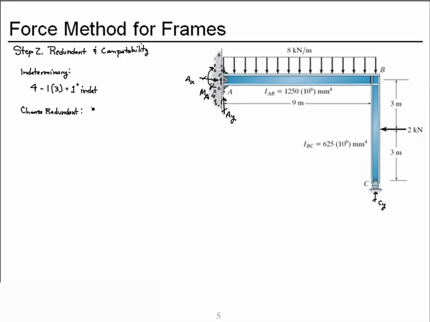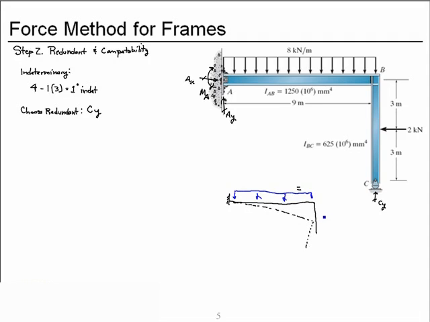In this case, I'm going to choose the vertical reaction at C. So let's come down here and draw our primary structure subjected to the applied uniform distributed load, and it will have a deflected shape that looks something like that.